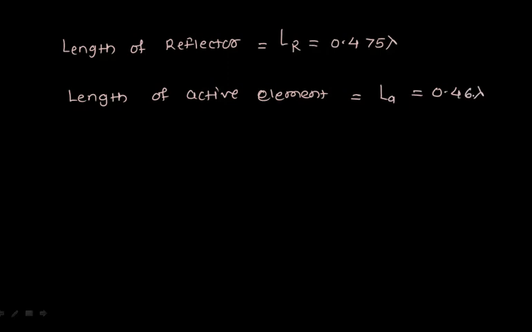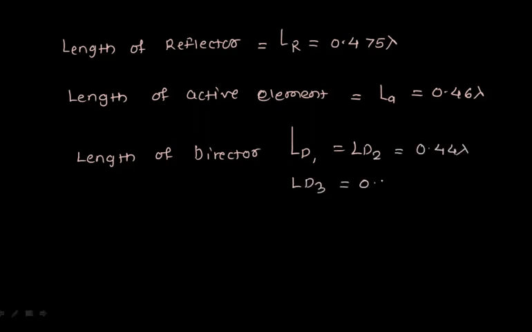What about the length of directors? Here the lengths of directors go on decreasing. LD1 will be the same as LD2, and it will be 0.44 lambda. LD3 will be 0.43 lambda and LD4 will be 0.40 lambda.